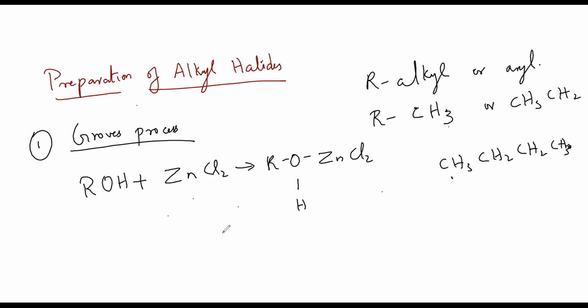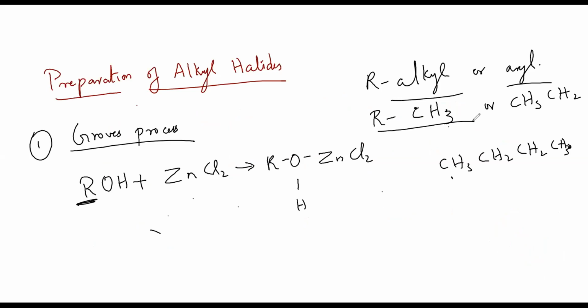So first one is how do we prepare the alkyl halide? First one, Groove's process. Treating ROH. R stands for alkyl group, CH3 or else CH3CH2, correct? Primary, secondary, and tertiary alkyl groups are all there. So this will give me RO, HZnCl2, correct?